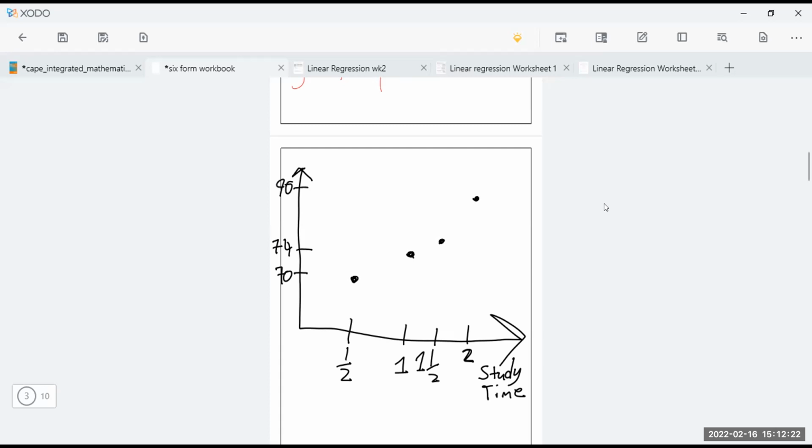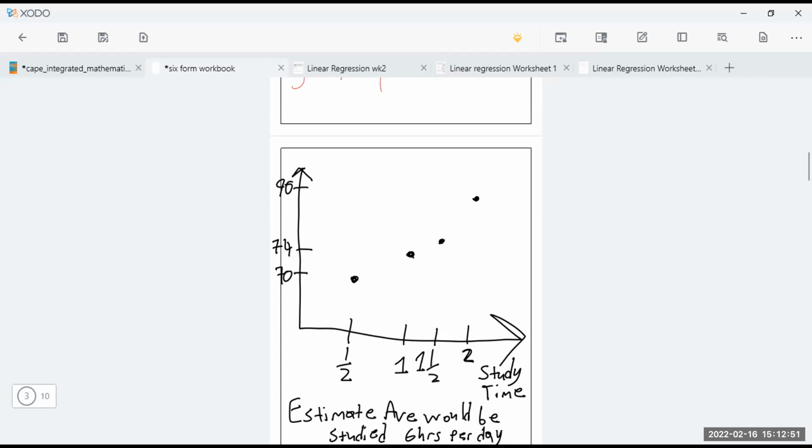Now, even though this right here, Jamie, is positively correlated, wait a second. Let's say an exam question were to ask you to estimate what somebody's average would be if they studied maybe 6 hours per day.